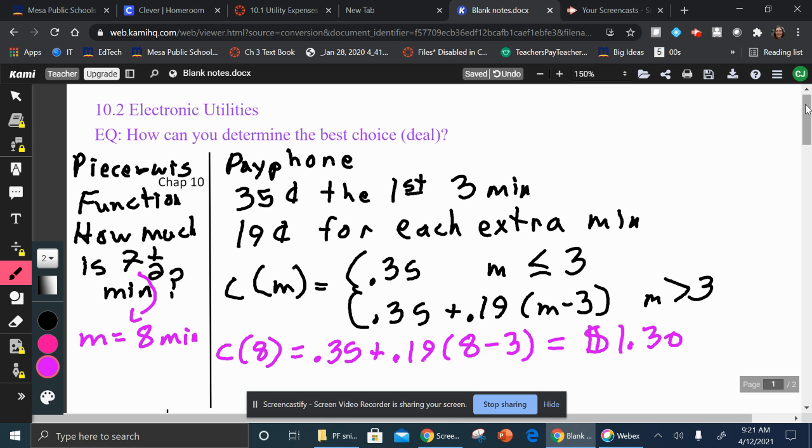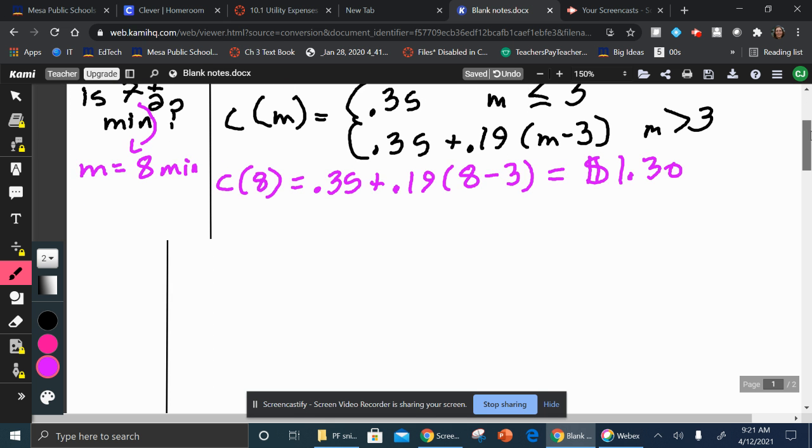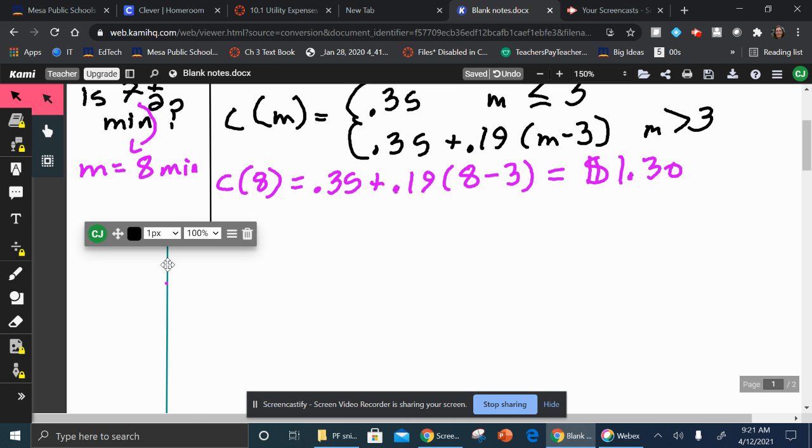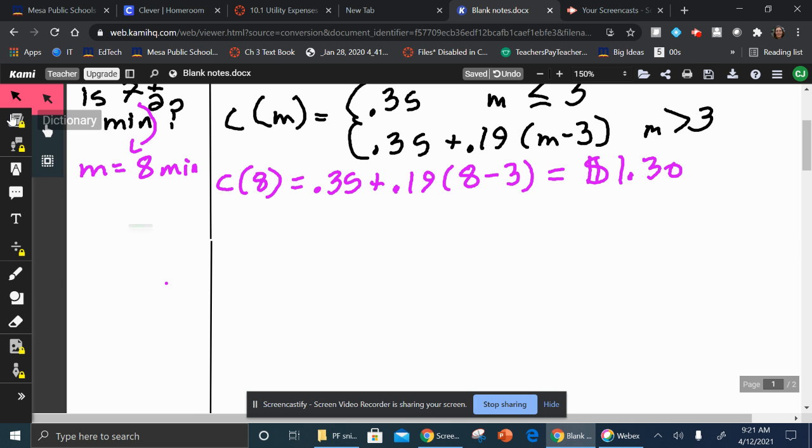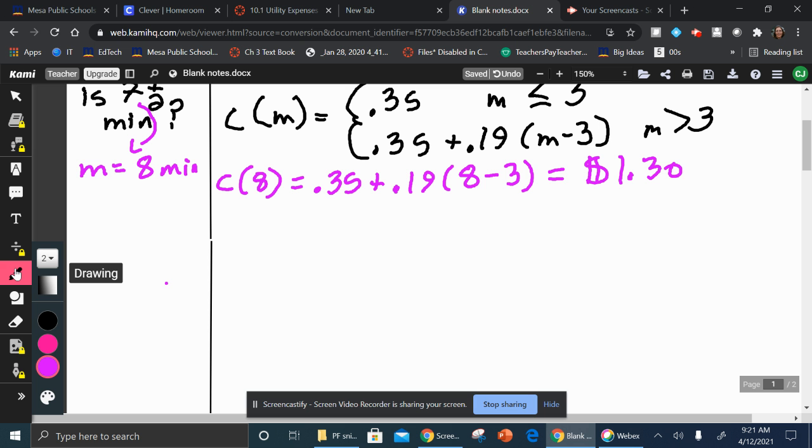Okay, what if we're doing another one, everybody? Okay, so if we're doing this one, everybody, so let's say that the cost was 12 and 1/4 minute.